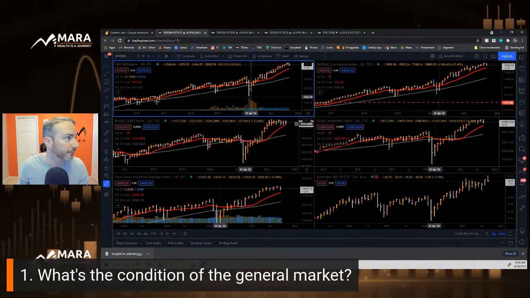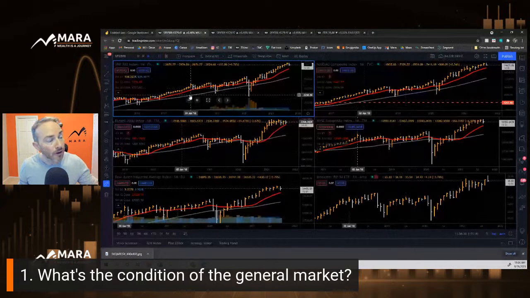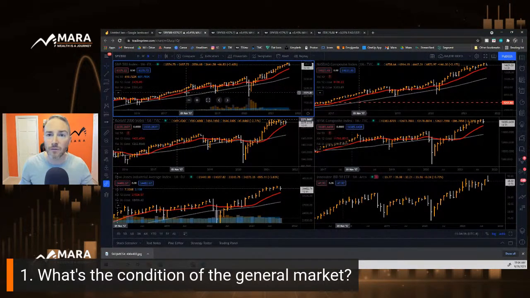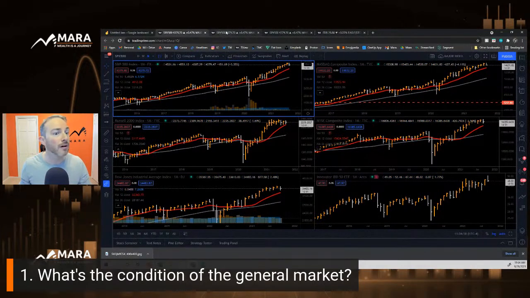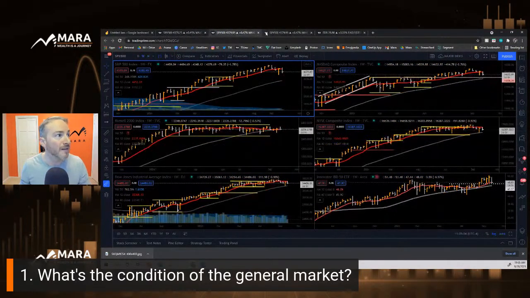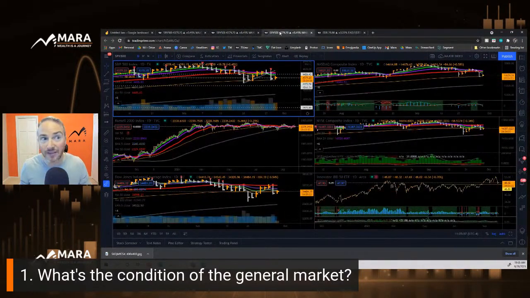So I'm looking at the major indexes first to start to get a flavor of what the general market conditions are. Then I'm drilling down a little bit further, right? So I'm getting like a forest, trees, and individual leaves, and that's how I like to view the market, right?